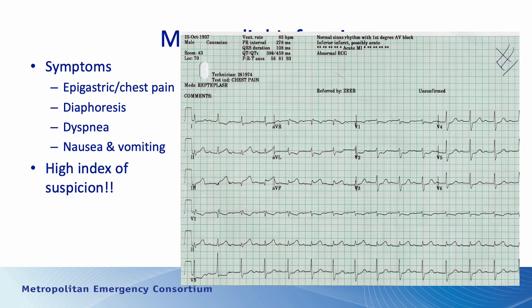They're not having abdominal pain because of an abdominal issue. They're having abdominal symptoms because they have an inferior MI. So always have a high level of suspicion for this. If the patient's got epigastric pain and some chest discomfort, consider doing a 12-lead in the field, particularly if they're older and have risk factors for cardiac disease.